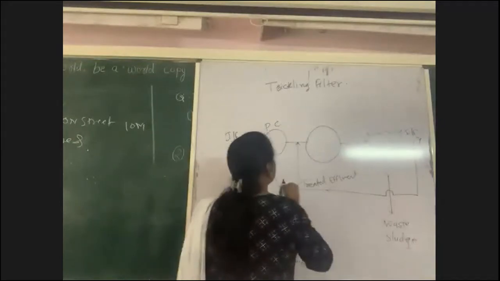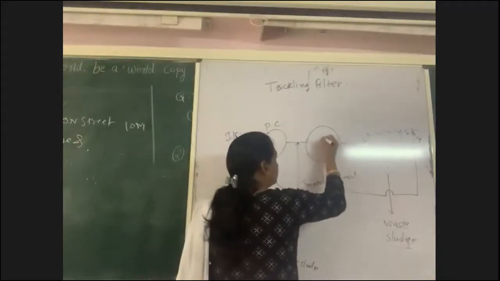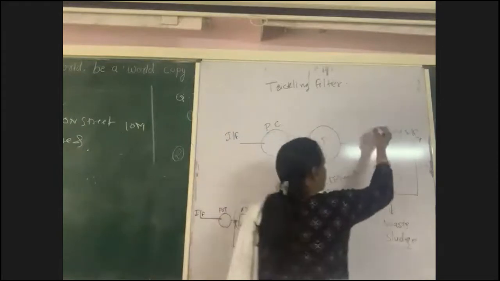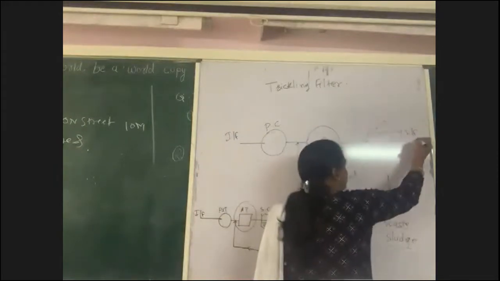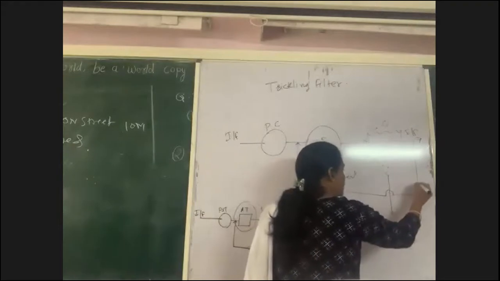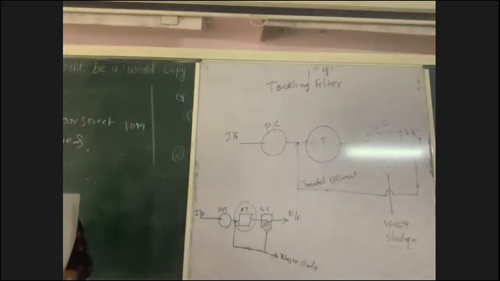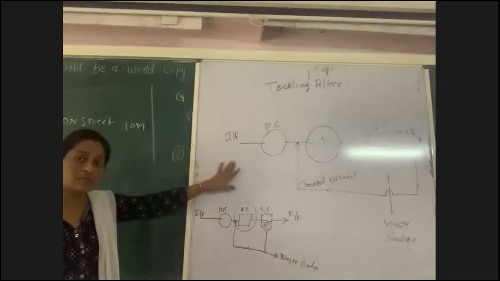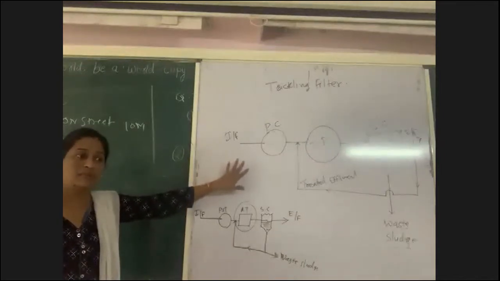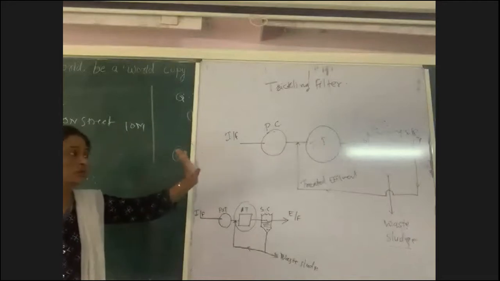This is a trickling filter. This is a secondary clarifier. This is the effluent, and what we are recirculating? Treated effluent. Okay. Just understand what I am explaining and then go to draw the figure.